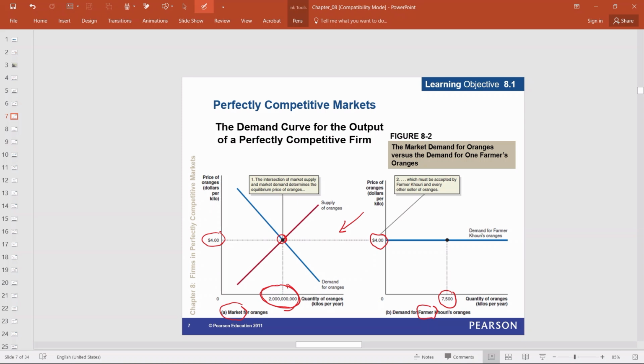But this whole market is for one product, which is oranges. So all oranges in the market, and this is the demand curve for all consumers that want to consume oranges at this market price and this quantity. And this is the supply curve for all sellers in this market, which is a perfectly competitive market.